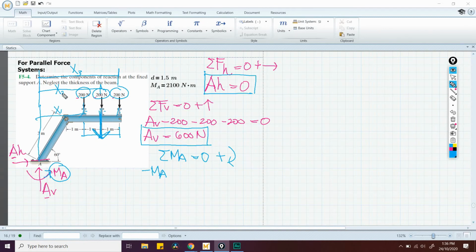So, wag na nating pahirapan yung sarili natin na hanapin yung tatlong moment arms. Okay, so gawin natin ganon. Alam natin na ang resultant ni 200 plus 200 plus 200 ay 600 newtons. Tatama siya sa gitna kasi pare-pareho lang sila ng distance sa isa't isa. So, tatama yan dyan. Yan yung kanyang line of action.